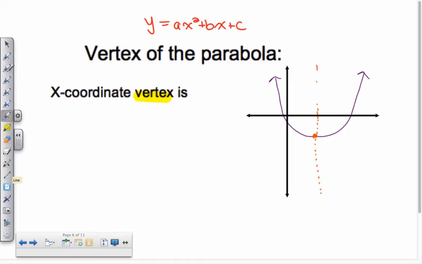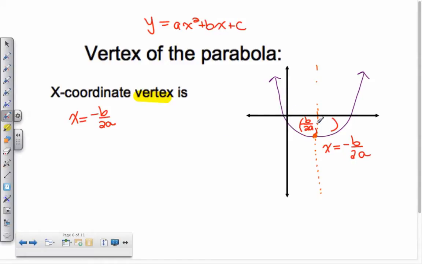And that is, when we did the quadratic formula, represented by that value right there, the negative b over 2a. And so your vertex point is at negative b over 2a. That point right there is negative b over 2a, comma, something.